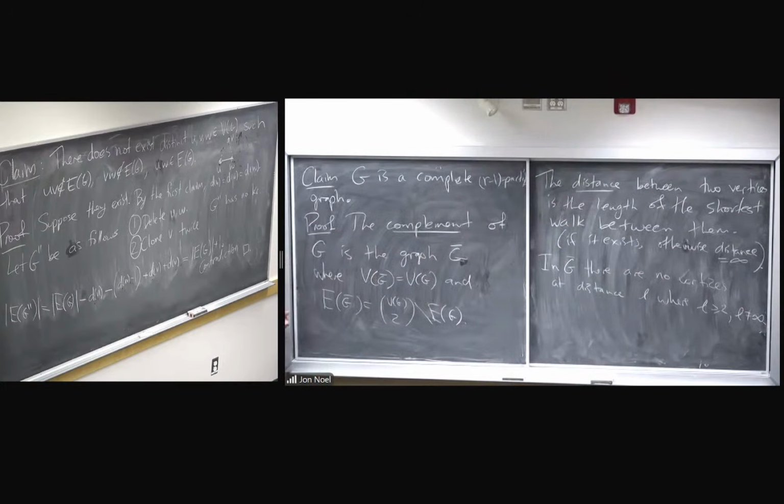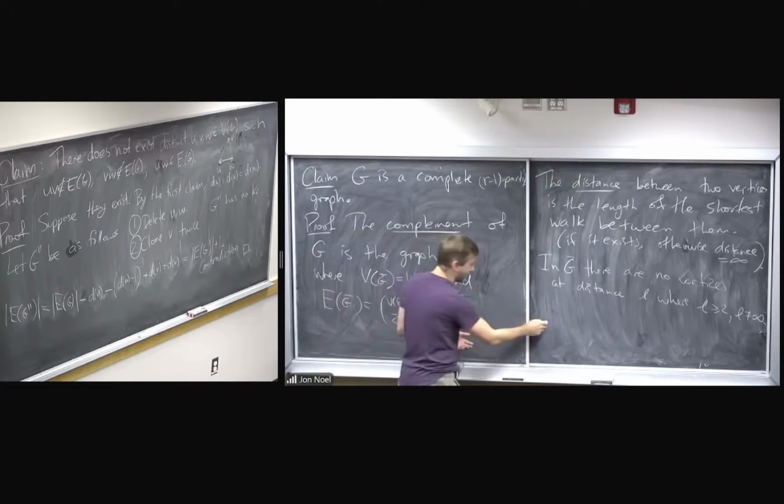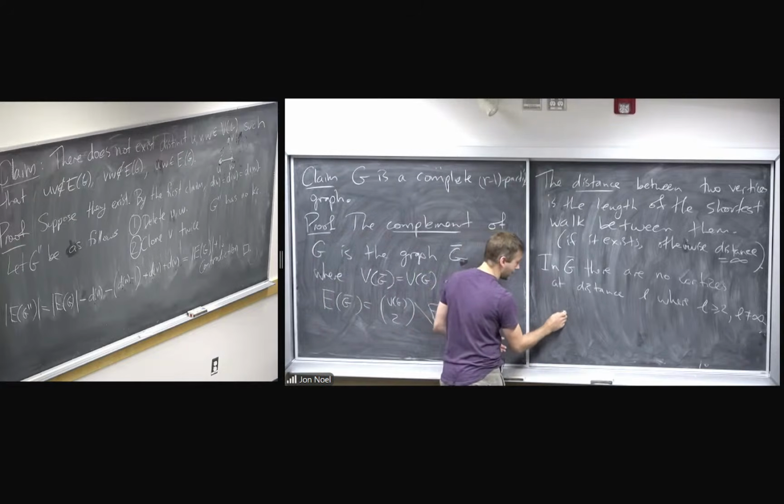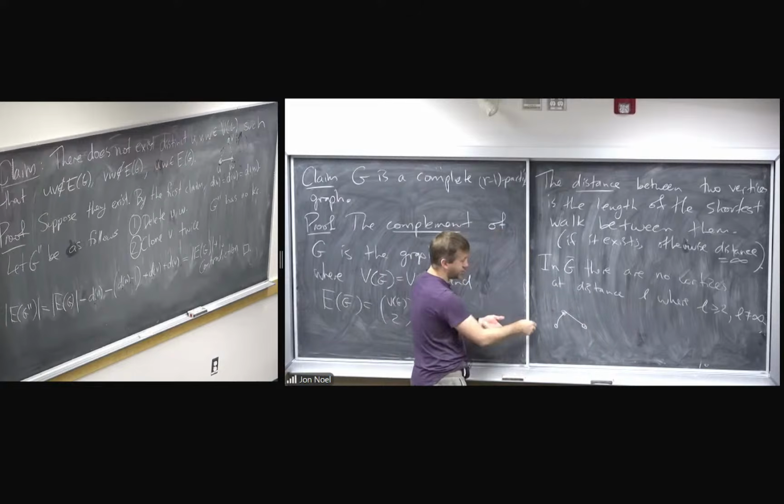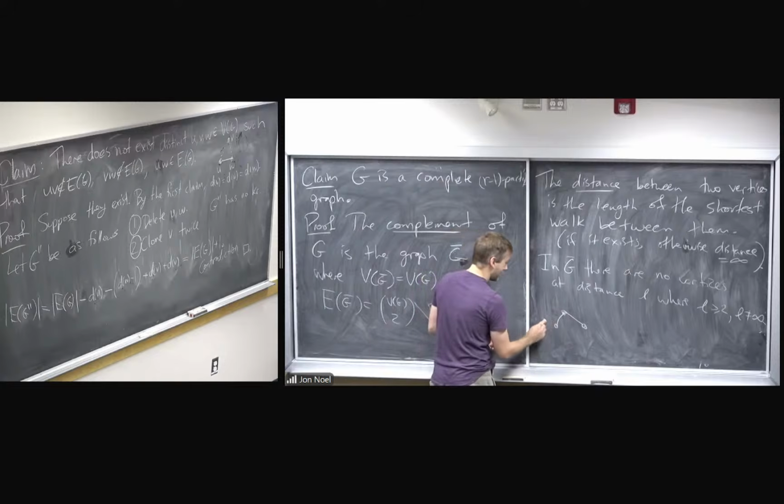The reason is, if there was, take a walk between them in the complement, and actually just take 2 steps of that walk. There's no edge in G complement between the endpoints here, because I could have just taken 1 step, right?